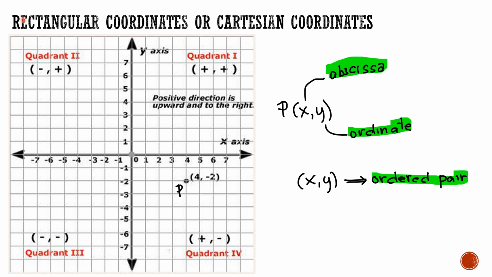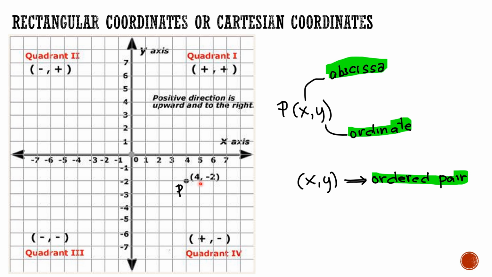Together, these values are called the rectangular coordinates of point P, and we write them in the form (x, y). The position of a point is determined if its coordinates are known.